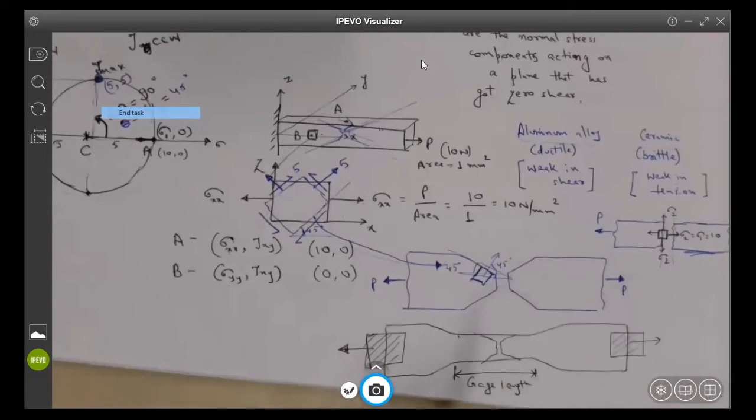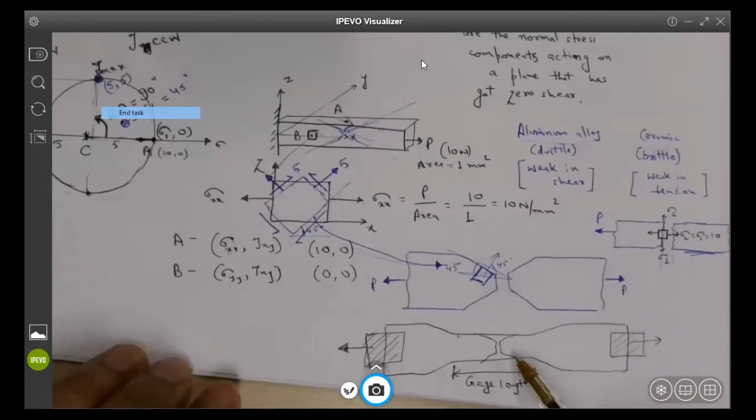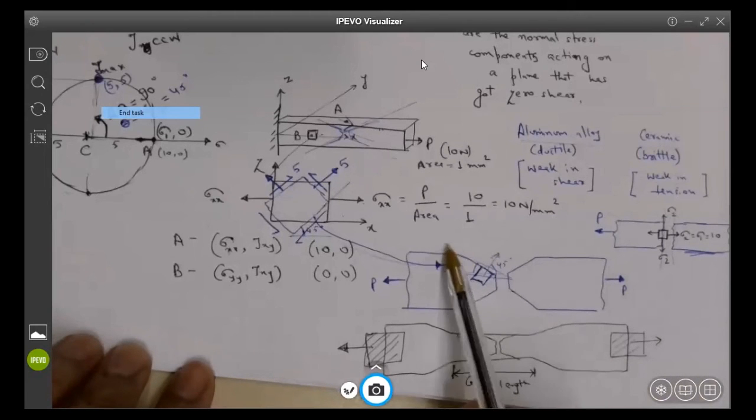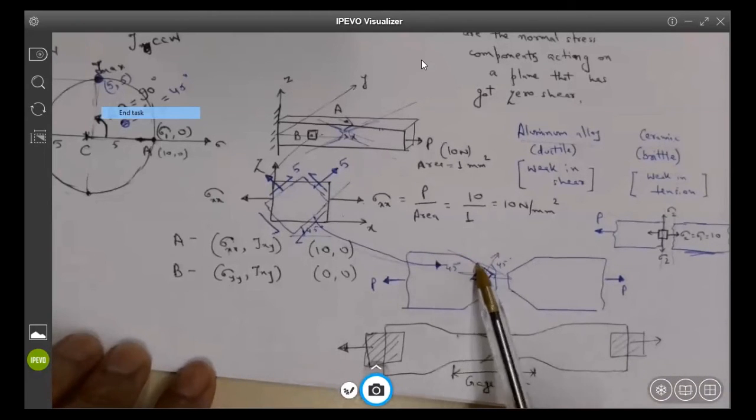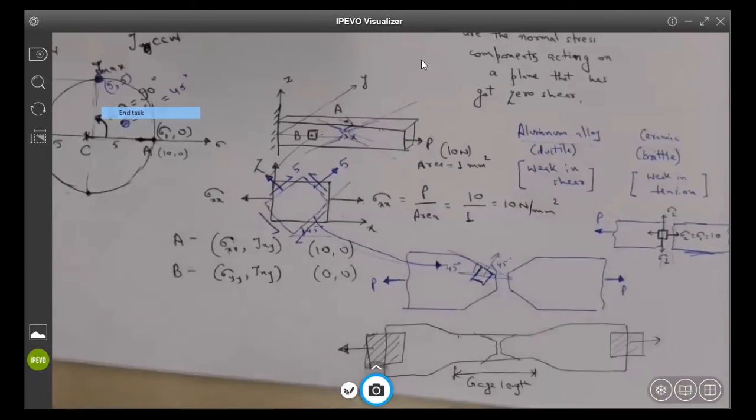In actual applications, when you do not have any control over the shape or geometry of the testing, you do not know where the failure is going to take place. But you can always be sure that if the material is ductile, it will fail along this 45-degree plane. It can happen anywhere in the material where the stresses are maximum, just like I was showing you in the SolidWorks simulation.